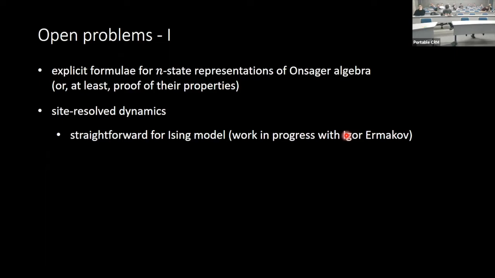This is straightforward for the Ising model, but probably not that interesting. For higher spins, one needs to generalize the Onsager algebra in a site-resolved manner. And I do not know whether this is possible. The paper by Uglov and Ivanov attempted this, but they managed this only for the Ising model, and I actually don't know whether this is possible for Potts models.